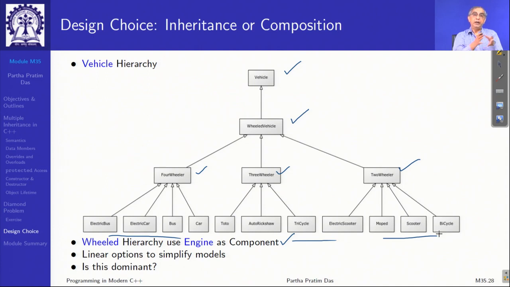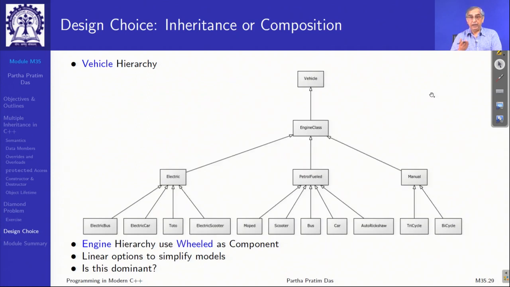So, what I am doing is, instead of doing is-a for both, I am doing is-a for wheeled and I am doing has-a for the engine component.